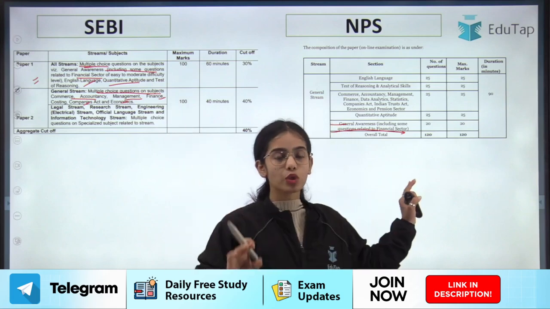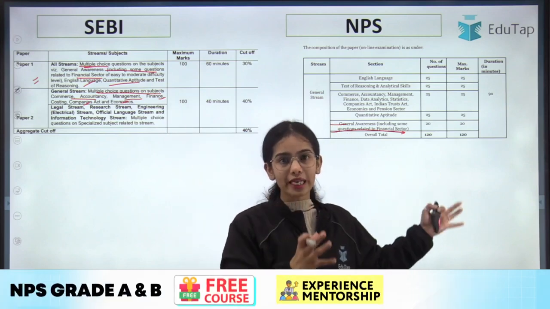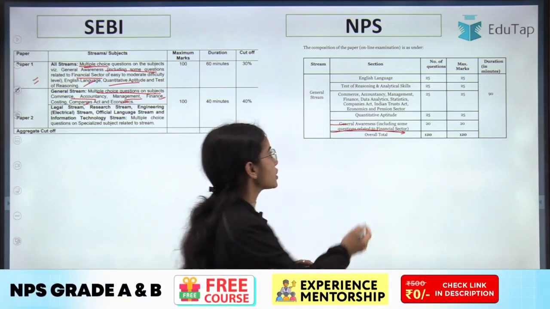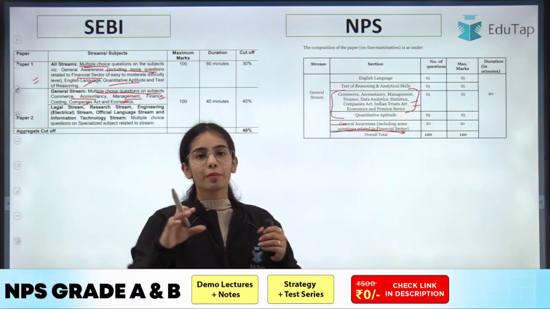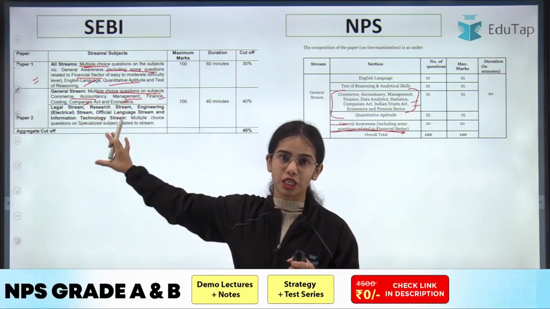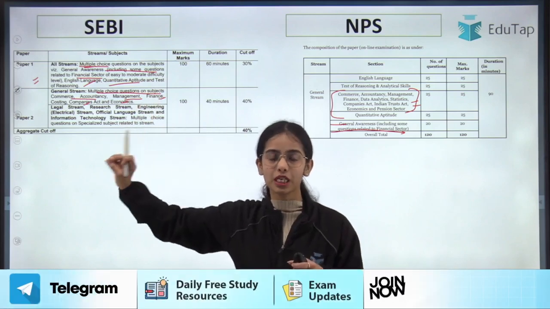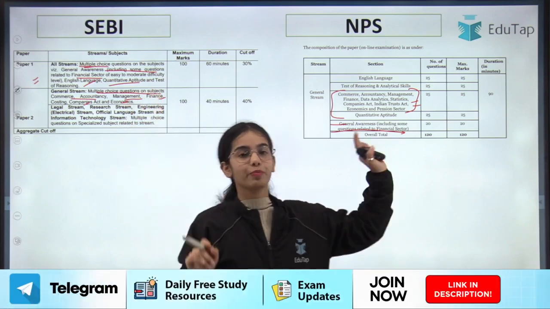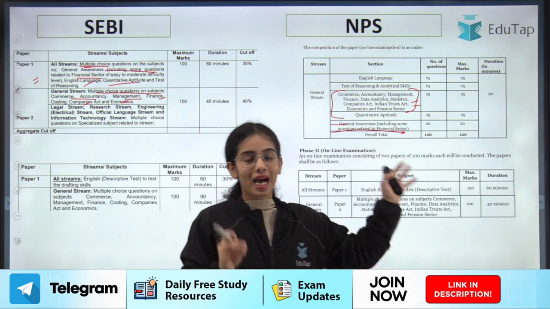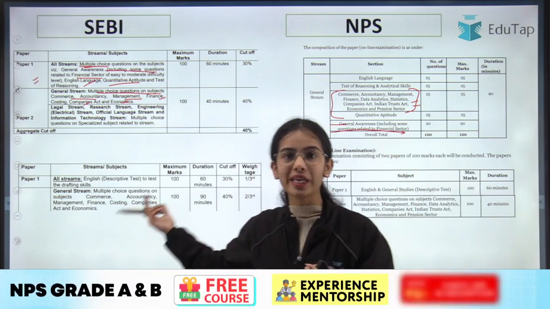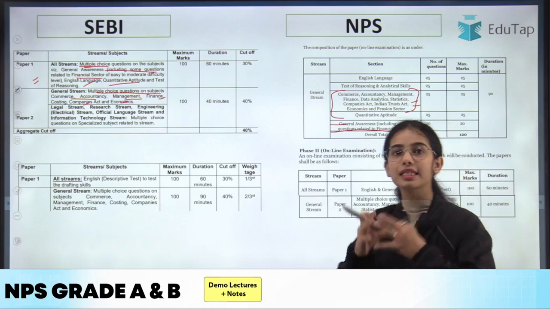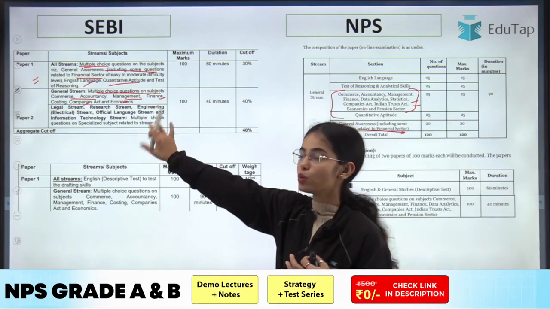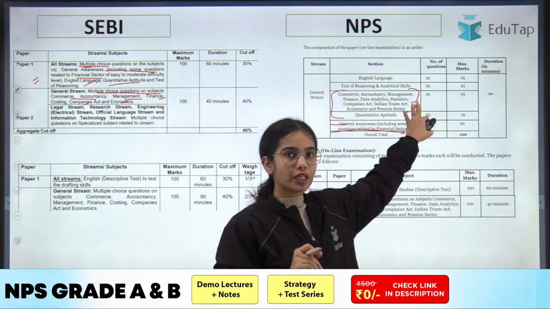So in the NPS also, in phase 1 itself, there is a component that consists of subjects. Okay, some additional subjects also, but if you have ever prepared for SEBI, the knowledge of these subjects will help you a lot in phase 1 as well as in phase 2 also. In both SEBI and NPS, these components have the same subjects, like in paper 2 in SEBI or in this component of the NPS.